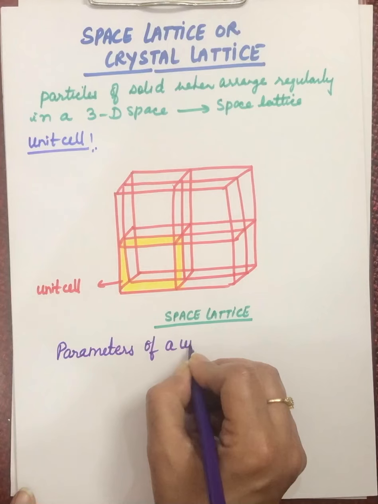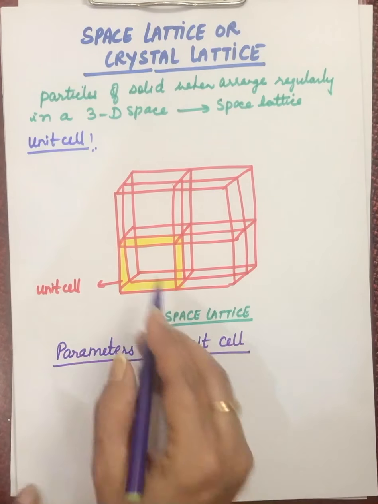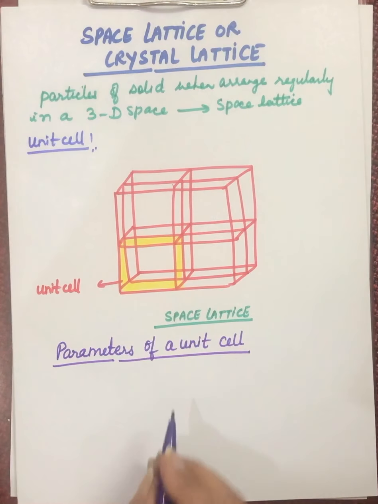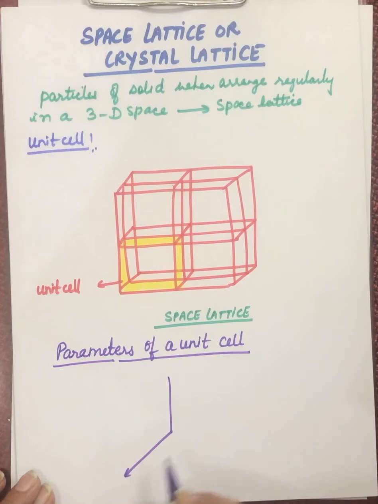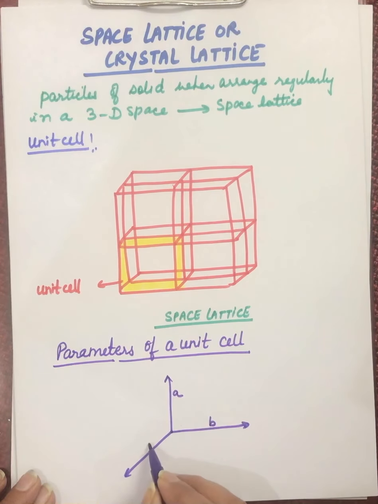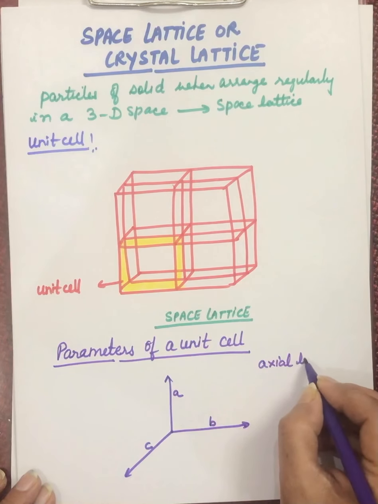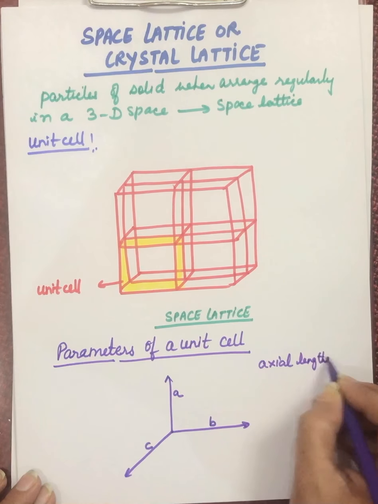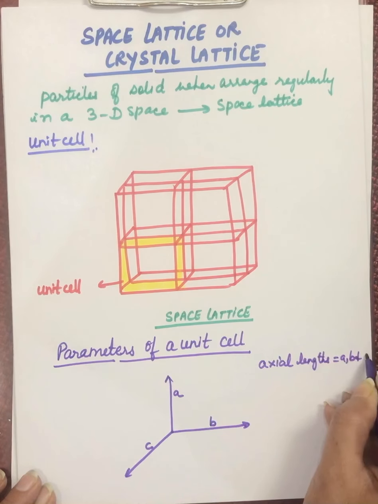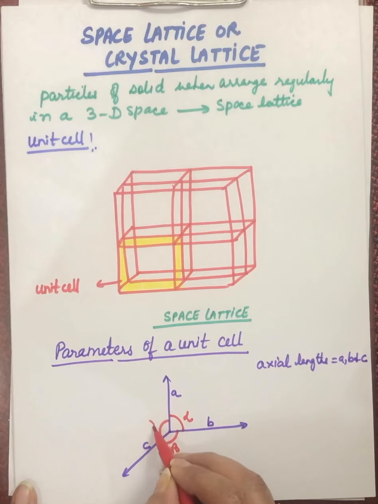So next point after this now is parameters of a unit cell. Now, what are the parameters of a unit cell? To know about the unit cell, it's not necessary every time we get a unit cell like this only. There are 3 lengths in a unit cell in 3 directions labeled as A, B and C. These are known as axial lengths A, B and C. And then there are 3 angles also between these axial lengths denoted by alpha, beta and gamma.